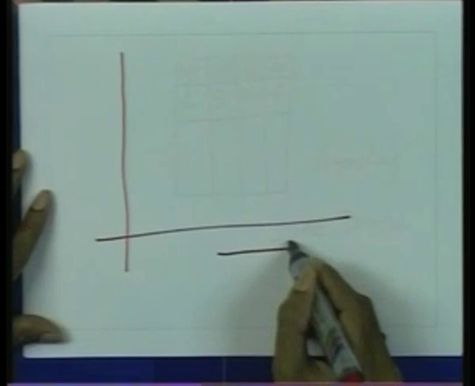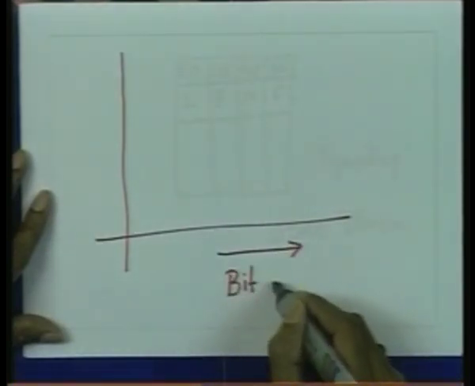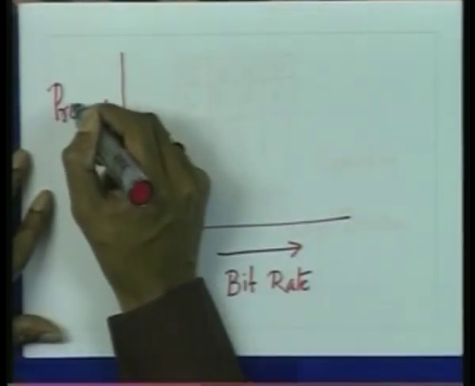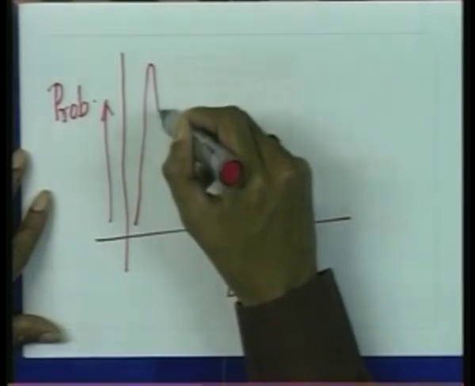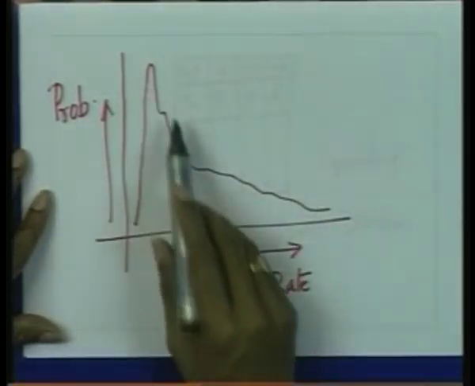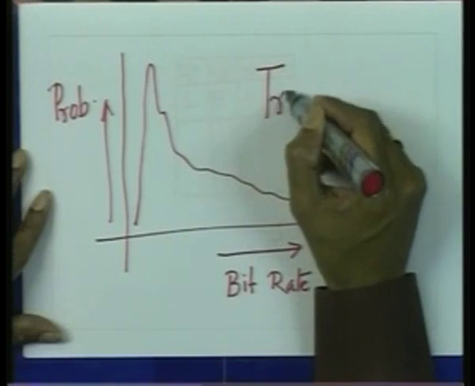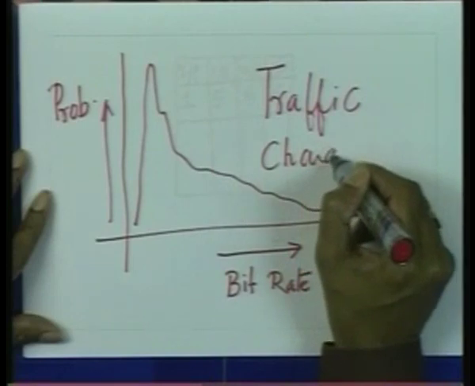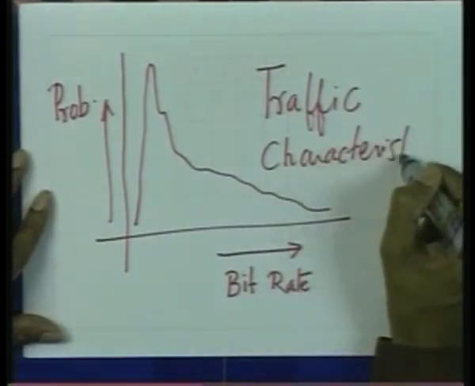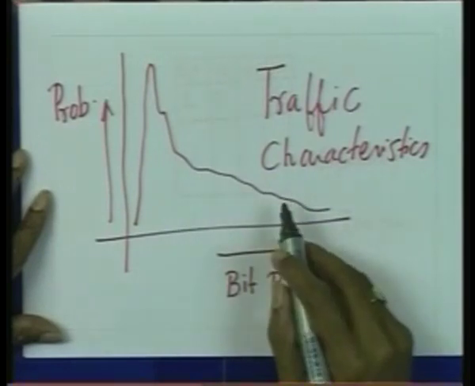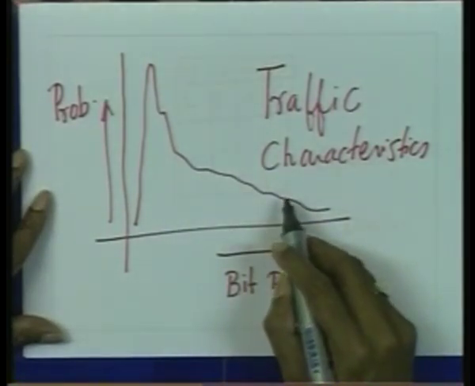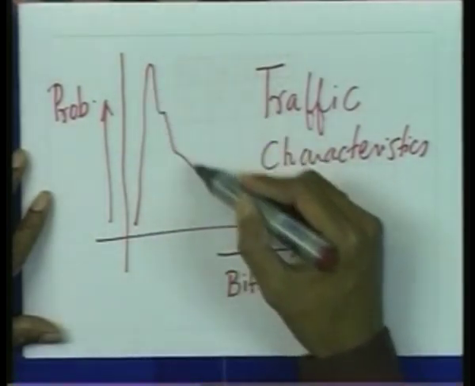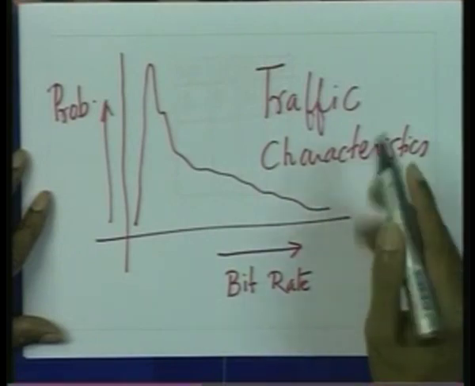So here on the x-axis could be the bit rate, and here it could be the probability. So here is a source whose traffic characteristics may be represented by this density function. We are of course assuming that the traffic source is stationary in nature, and this is the density function of this bit rate.